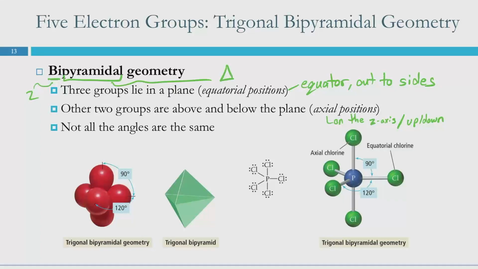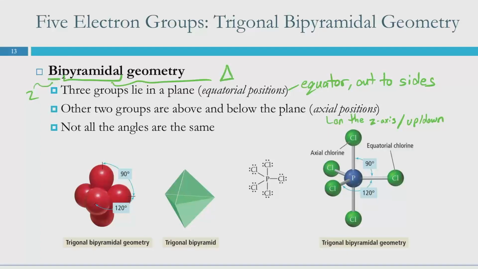And we have different types of angles here. So we've got two different types of angles. Between our axial chlorine and our equatorial chlorines, we've got 90 degrees. Since one's pointing up, one's pointing directly to the side. That's going to make a right angle, so we've got a 90 degree angle there. Between our equatorial positions, right, basically on the equator, the flat part, we've got this Y shape again.